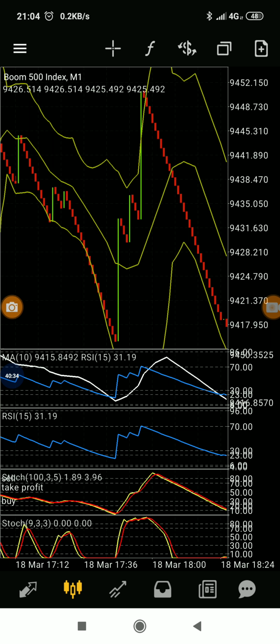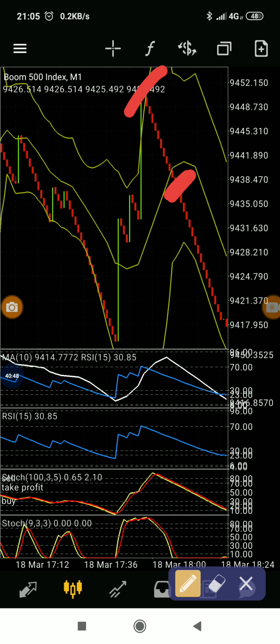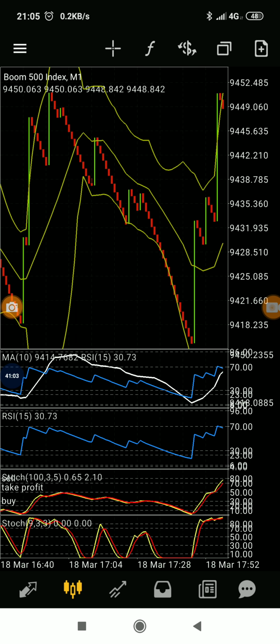I should have switched to 5 minutes, because this is the 1 minute time frame and this price is at the upper Bollinger band. But when you switch to 5 minutes, it will be at the middle Bollinger band. Do you understand? Even this condition on 5 minutes, they should be at 50, 50, 50.